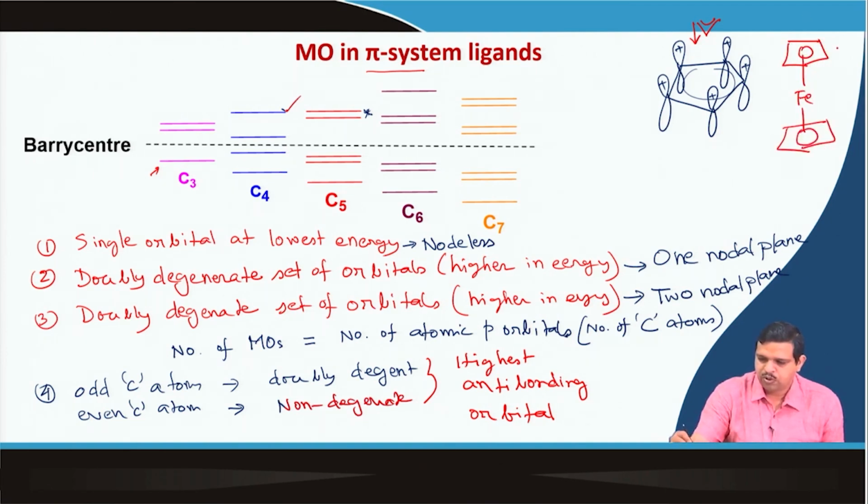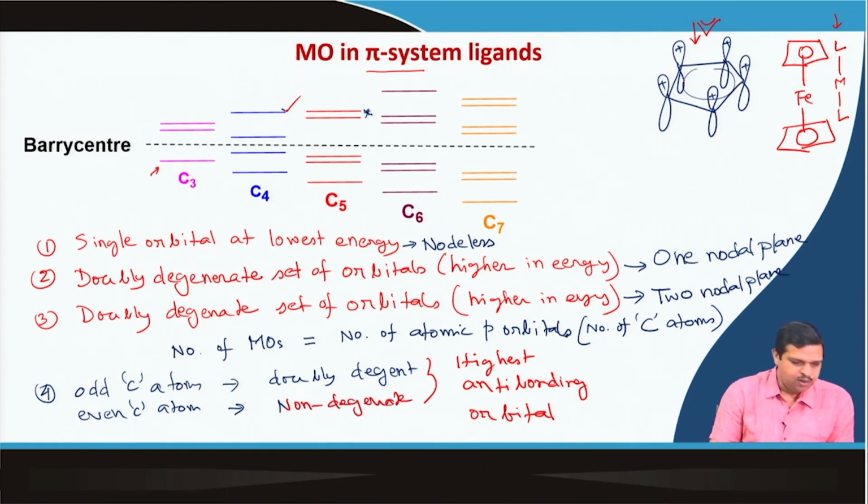If you view along the metal-ligand axis, from the top down, we will try to understand the symmetry of the associated orbitals.